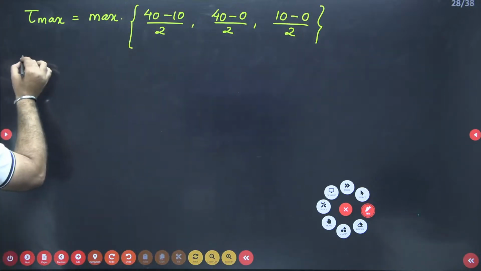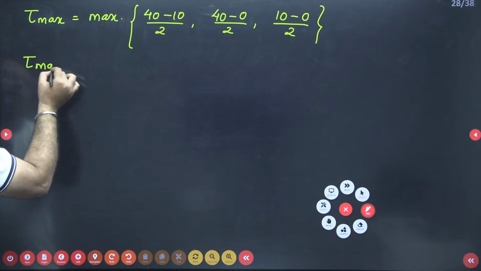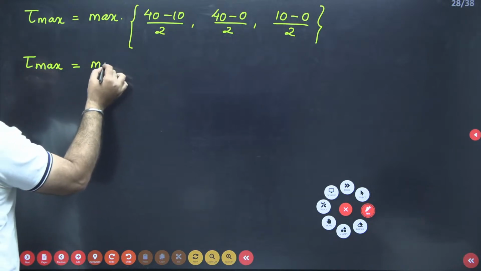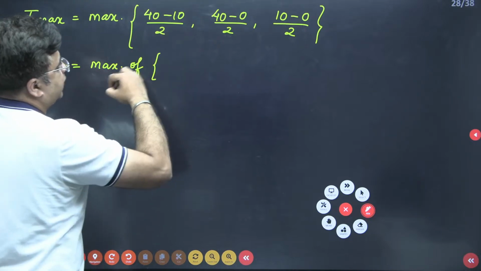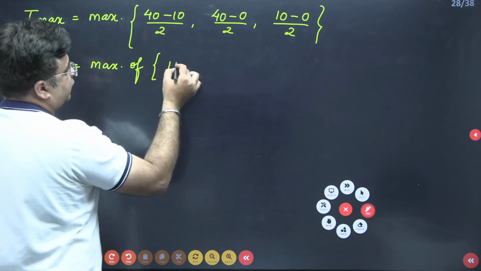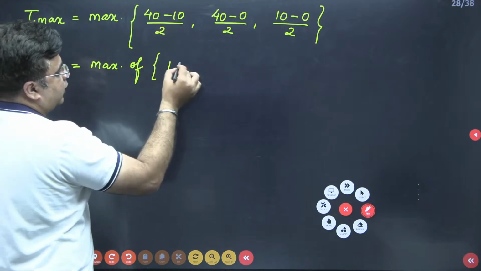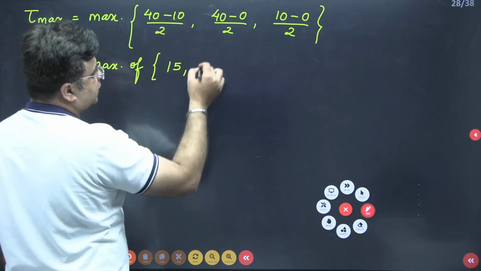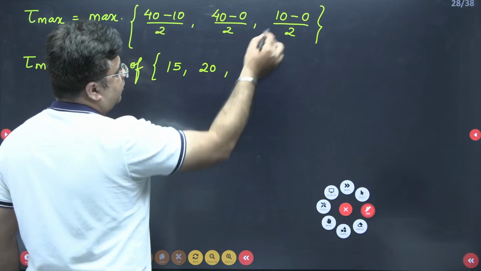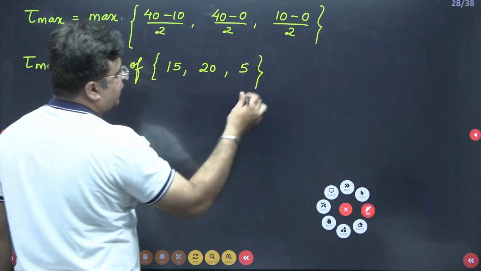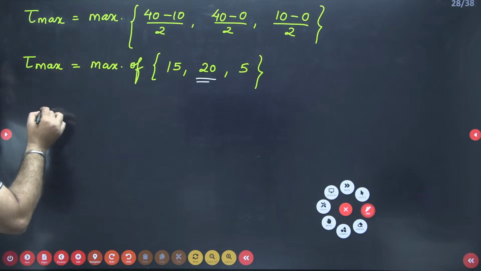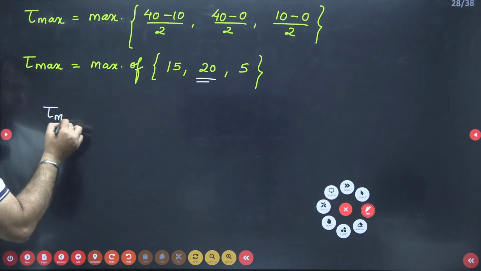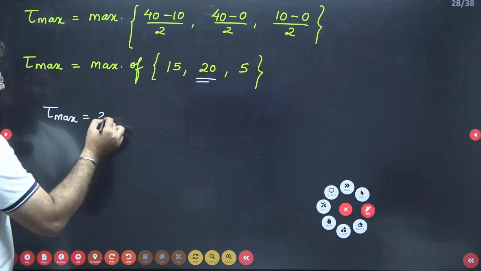So you can clearly identify this tau max is maximum of, this is 30 by 2, which is 15, this is 20, and this is how much? This is 5. So you can clearly see this is my value of tau max. So tau max is equal to 20 MPa.